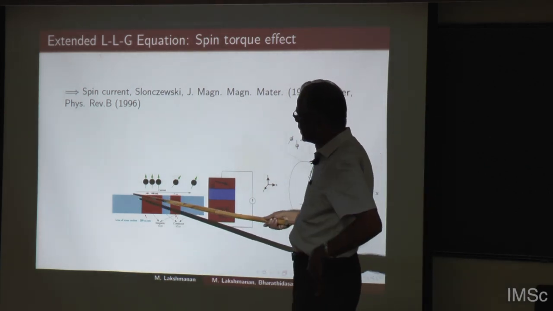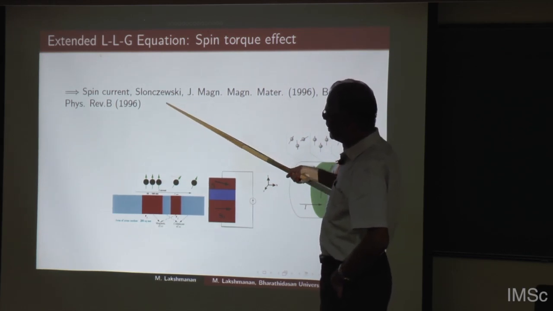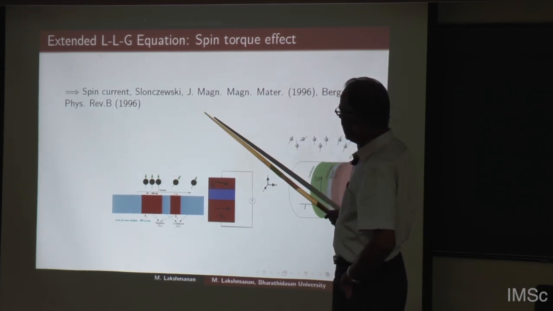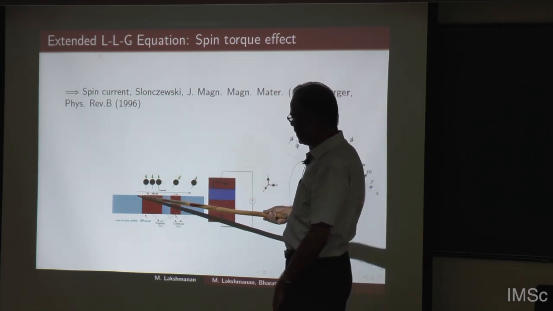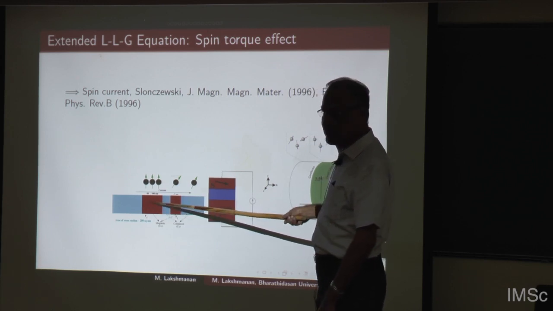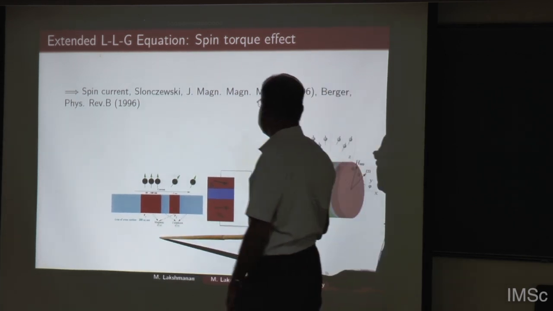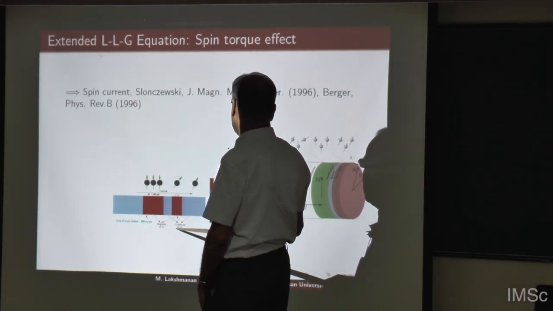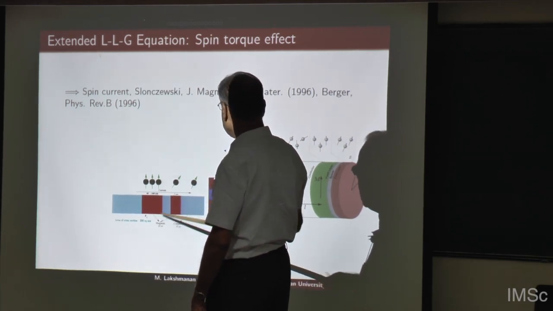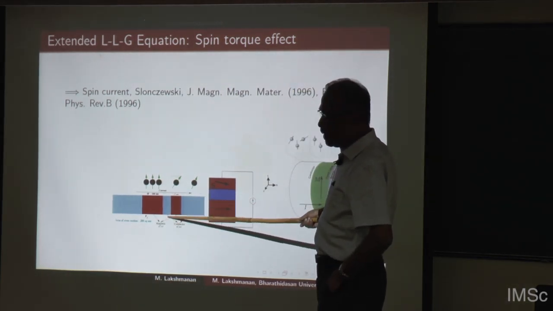In 1996, Slonczewski, working at Bell Telephones, I think, wrote a very famous paper in which he considered a system of tri-layers: the 2 outer layers are ferromagnetic materials like cobalt, and in between there is a spacer, copper, which is conducting but non-ferromagnetic.